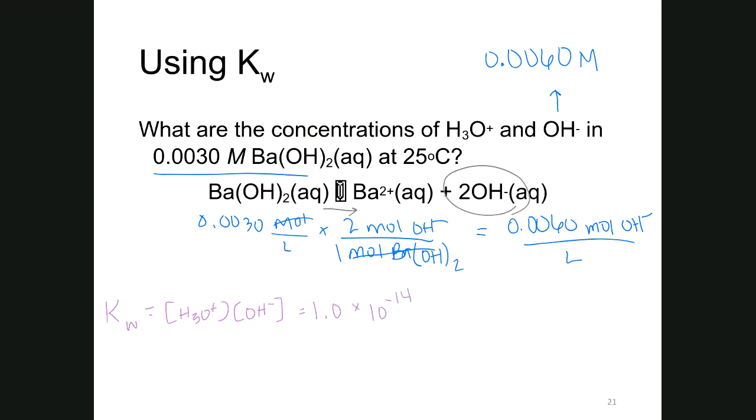So we know our value for the hydroxide, which we can plug in. So H3O plus is our unknown. Hydroxide is 0.0060 molarity equals 1 times 10 to the negative 14. So now we just do algebra here. And in order to find our hydronium, we're going to divide both sides by the 0.006.